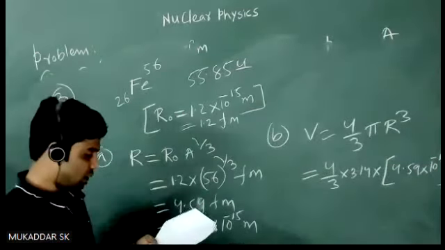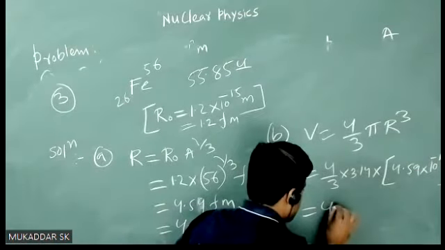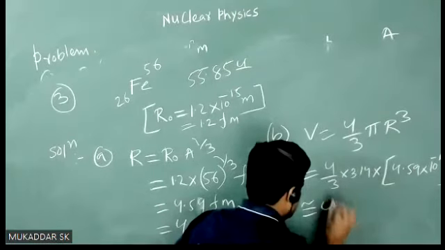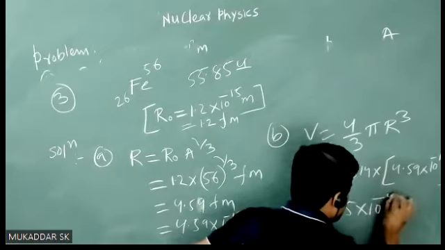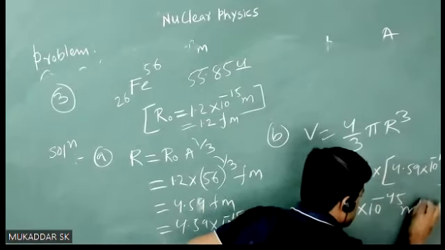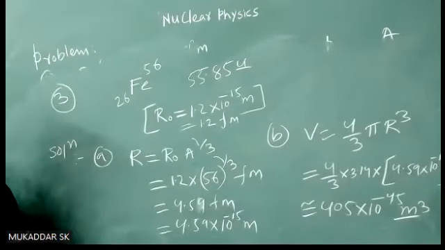If you calculate this number, how much will you get? 405.06. Very good. So it will be approximately 405 into 10 to the power minus 45 meter cube. Is it clear? Yes, sir.